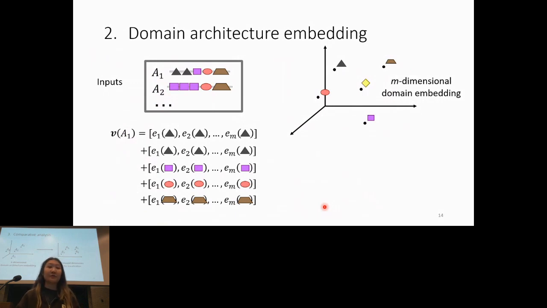And once you have your domain architectures in this high-dimensional space, you could do all kinds of different comparative analysis. For example, you could do dimensionality reduction for visualization using techniques such as t-SNE. And so I'm going to show you one example of visualization for exploratory analysis.